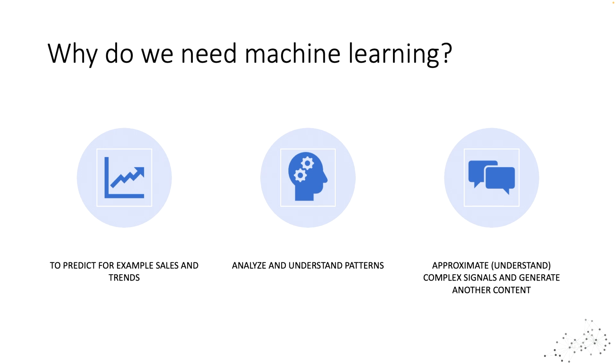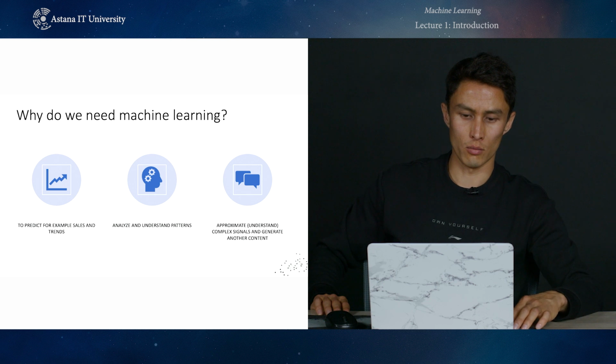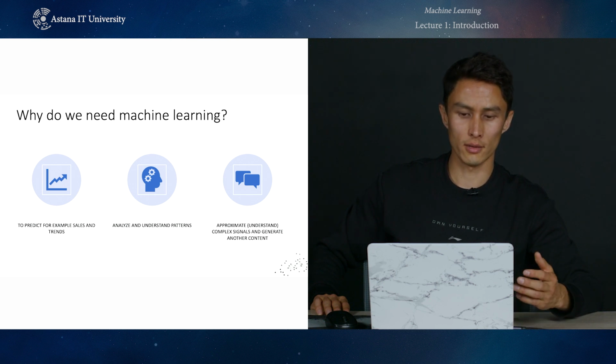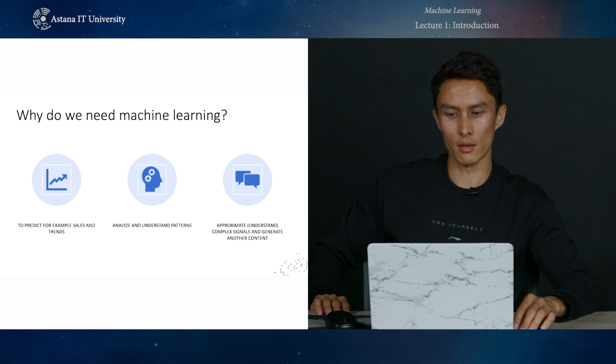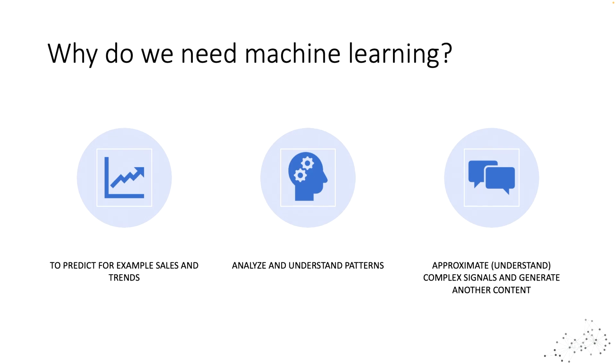So here, machine learning algorithms can be used in order to understand patterns. As I told before, we can also use it to understand or approximate, yeah. Approximate means understand complex signals and generate other content. So these are machine learning applications.